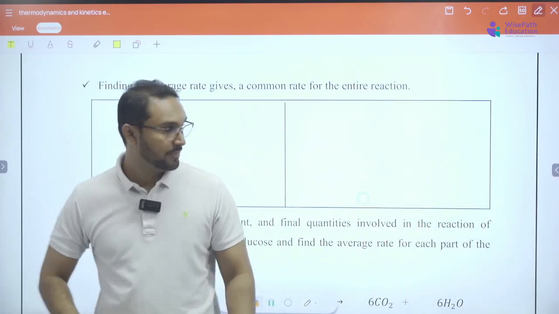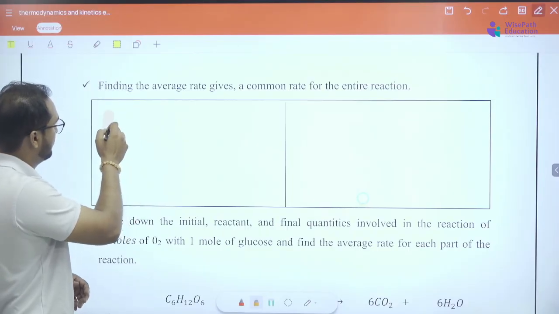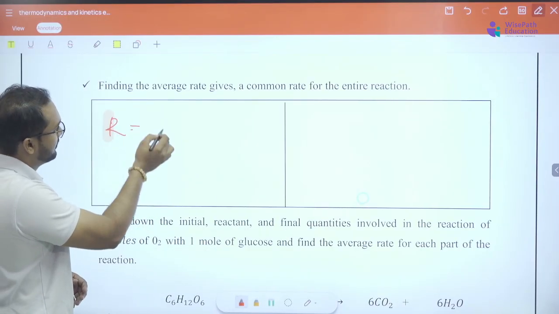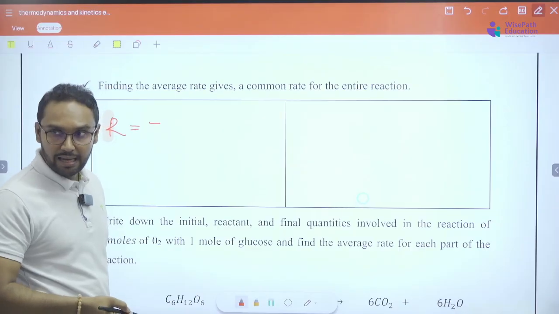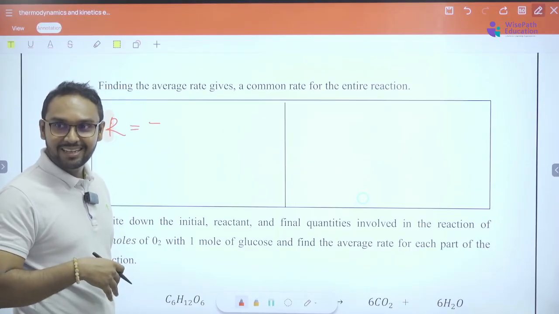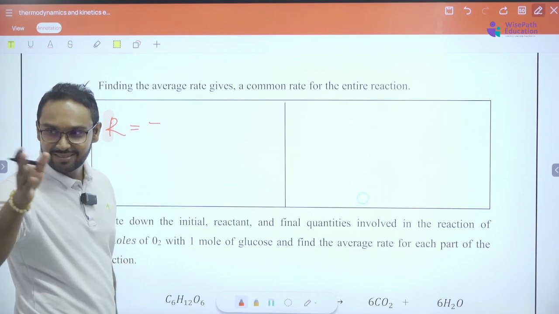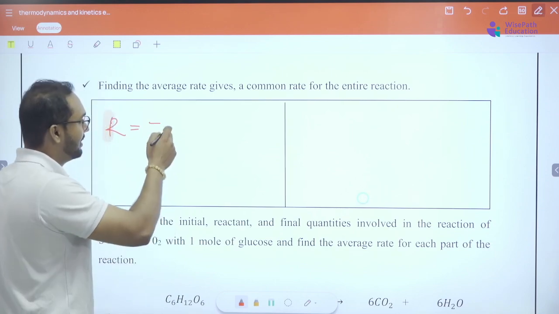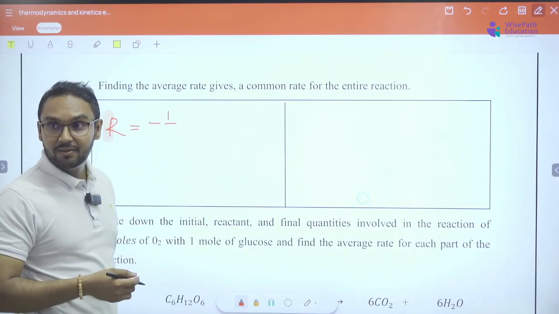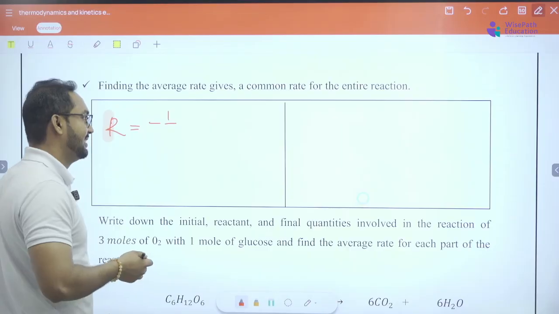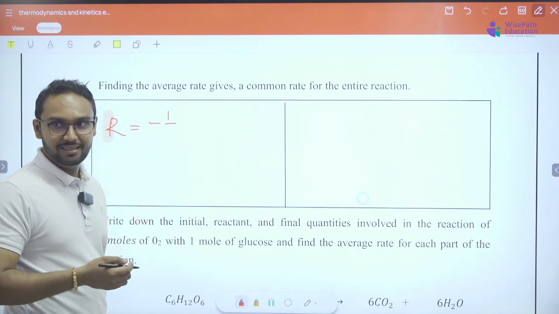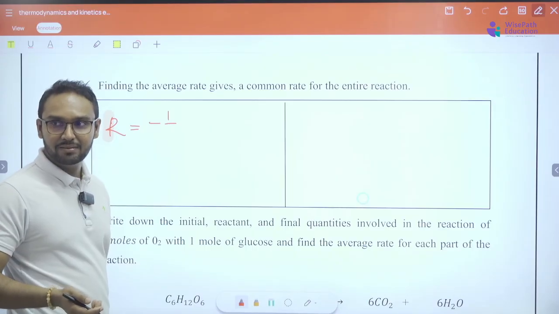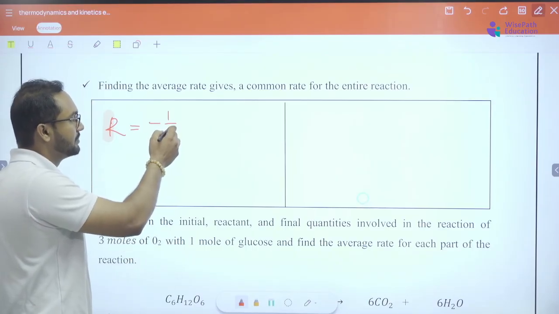So finding the average rate gives a common rate for the entire reaction. So average rate of reaction, we'll take it R equals, if we are taking it depending on the reactants, minus should be in the front and the reciprocal of the... Minus 1 over what? 1 over stoichiometry.